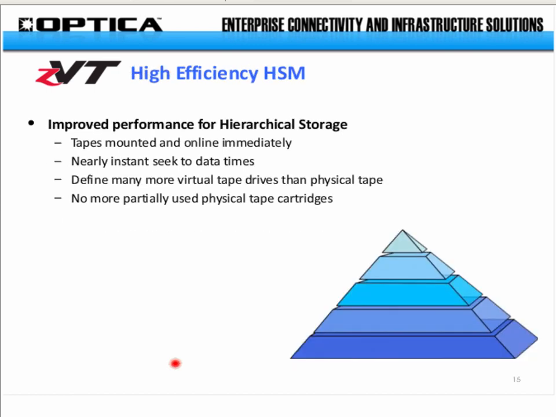HSM was an interesting idea for virtual tape because typically you're writing data off to a slower storage. That's the hierarchy of hierarchical storage. You've got this very expensive storage on the mainframe, and you have a data set that's not required to be directly on that disk within the mainframe.